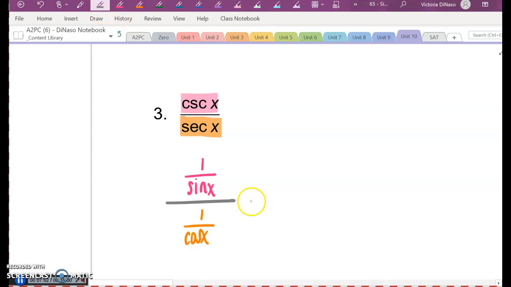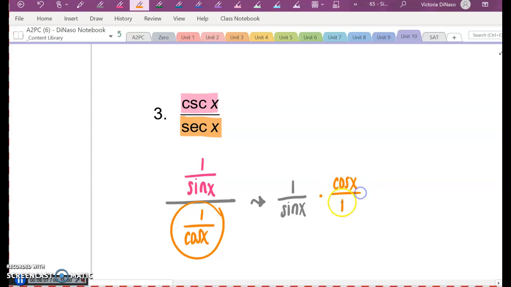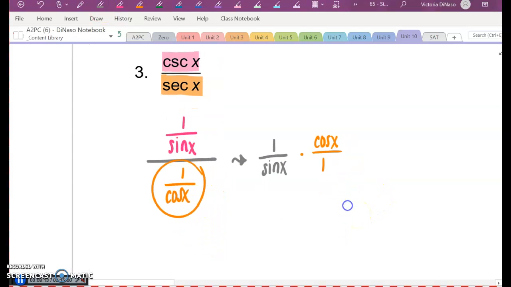And now this is going to go from division into multiplication. So you're going to keep the numerator, 1 over sine x, and you're going to flip the denominator. So it's going to be times cosine over 1. And now I can multiply straight across.